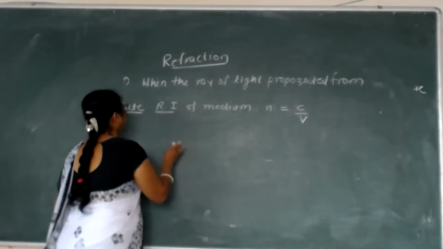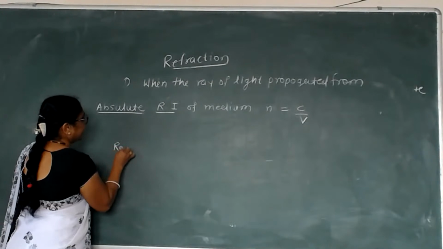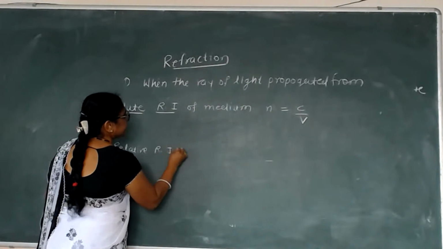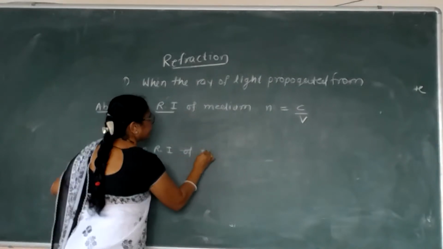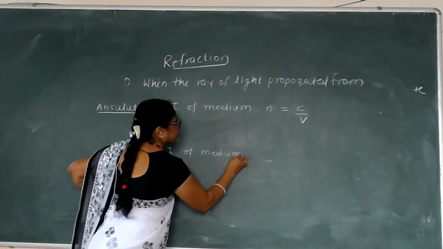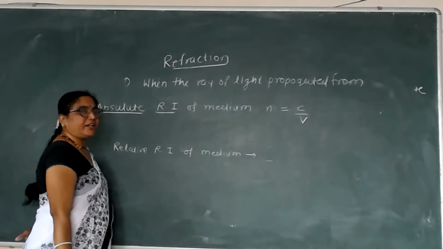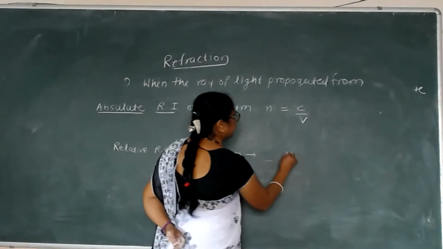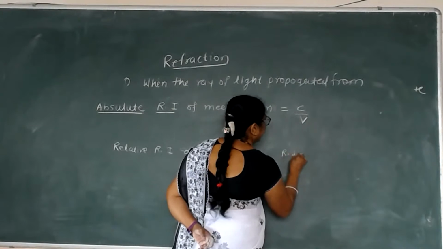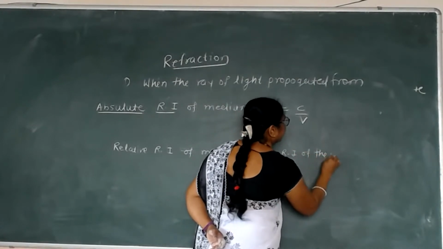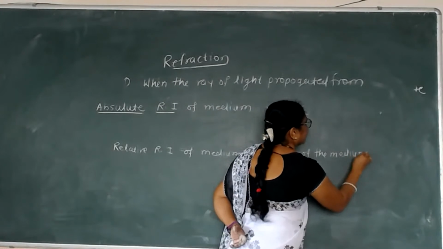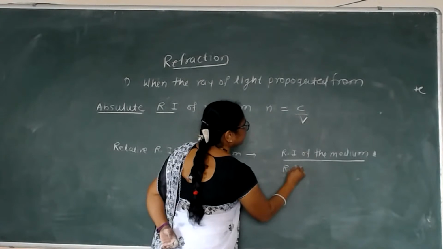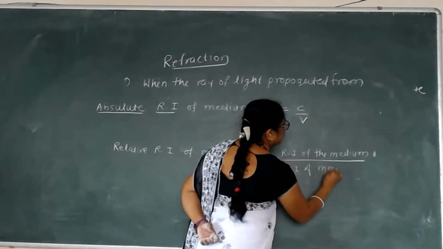Then the second, relative refractive index of the medium. The relative refractive index of the medium is defined as the refractive index of medium 1 to the refractive index of medium 2.